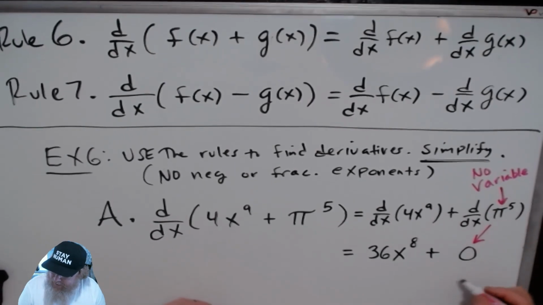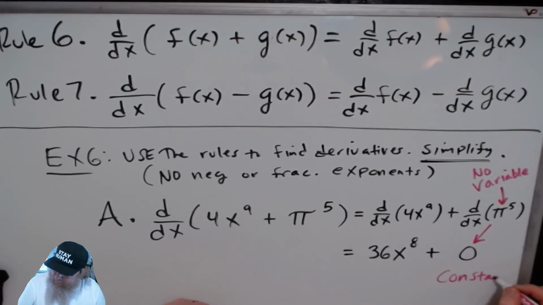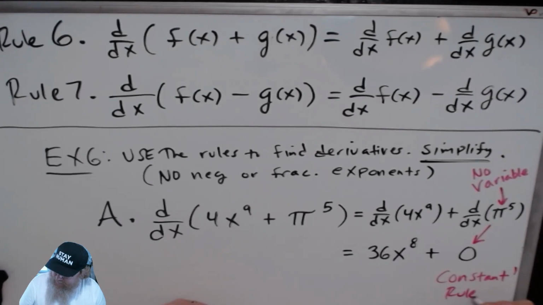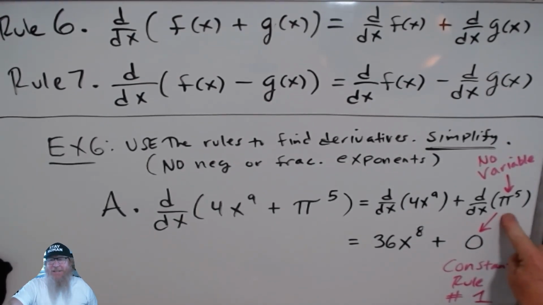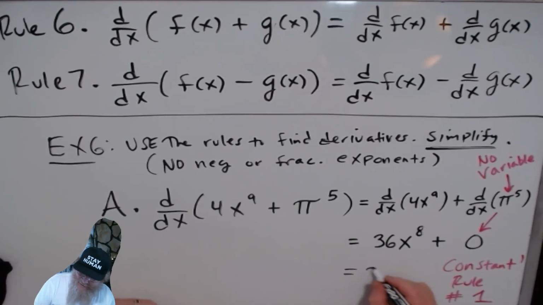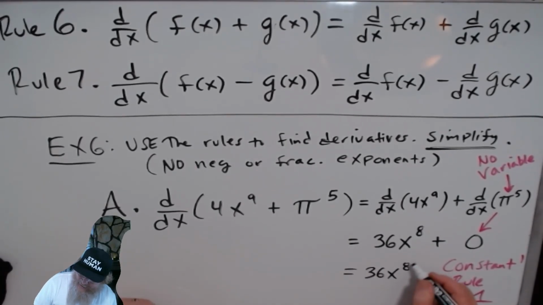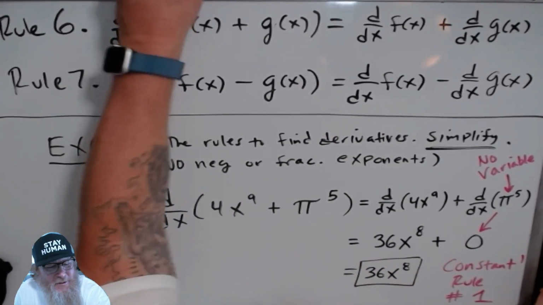It is a constant. That's rule number one. So rule number one is the derivative of a constant is 0. And so that is the answer, 36x to the 8th. That's your final answer.